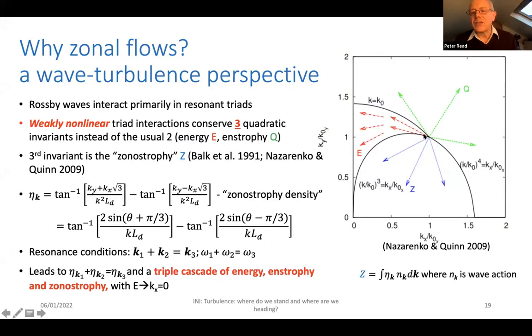What it means is that energy essentially has to cascade not just upscale, but it has to cascade upscale, but towards the kx equals 0 direction, rather than simply towards the origin, whereas the zonostrophy density will tend to cascade towards the origin, while entropy tends to cascade away from the origin in this simple way.